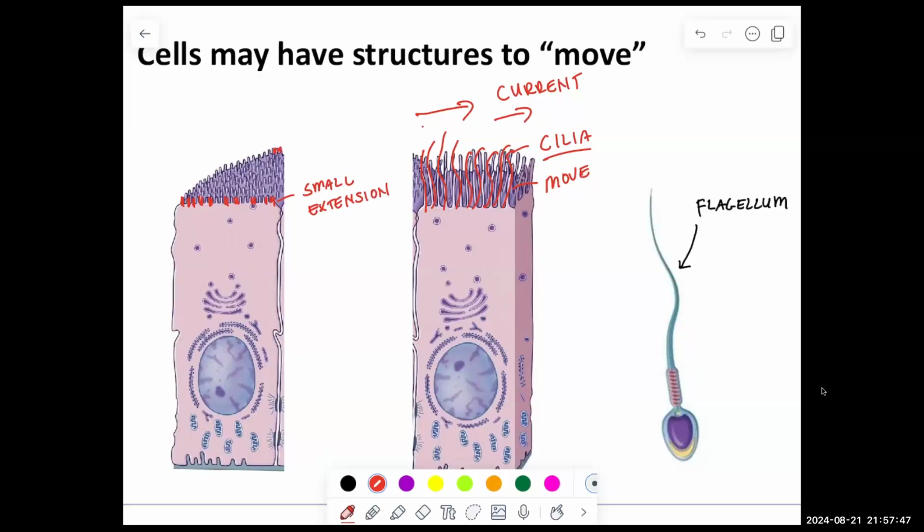These are called villi. VILLI. And all they are doing is instead of having a flat surface, they make the surface a lot more. They make more surface. So what they really do is they increase surface area.